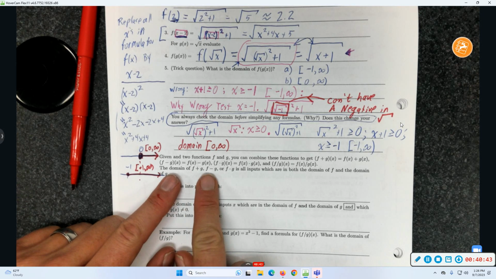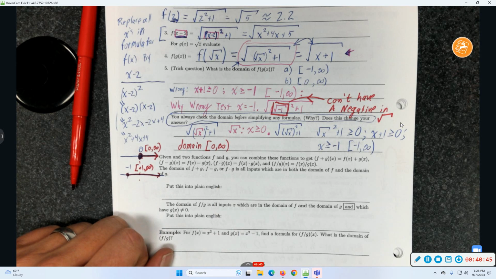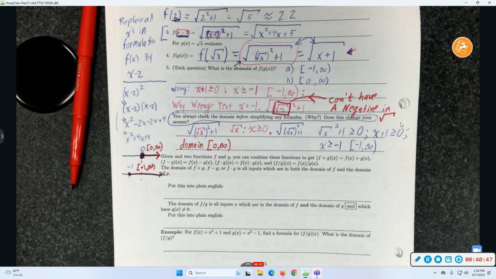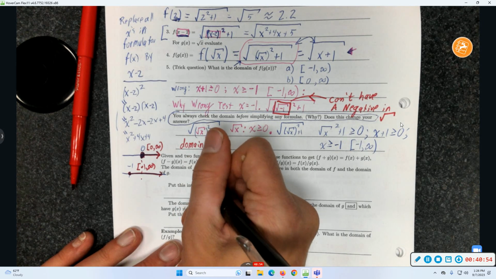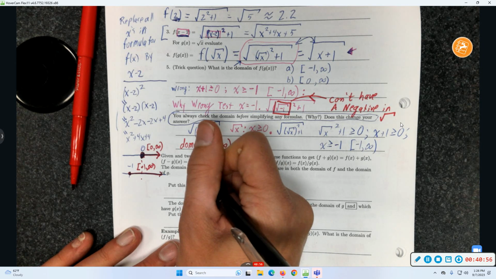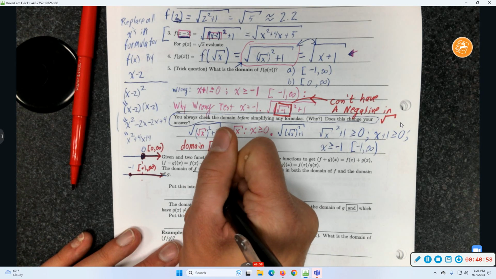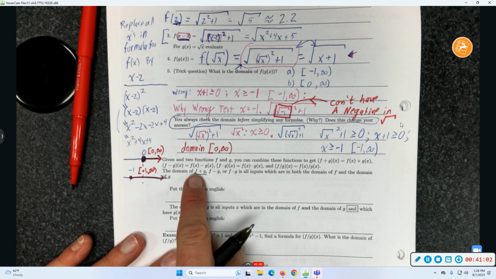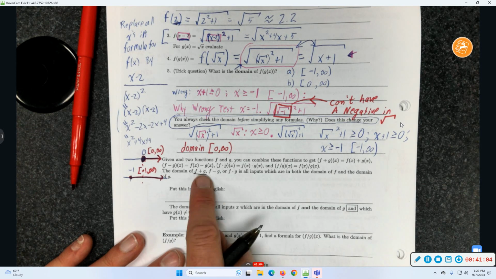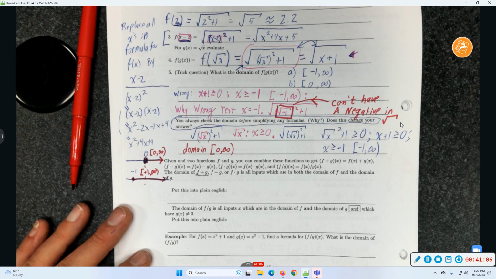The domain of a sum, difference, or product. Let's think about what this domain means. The domain is just all x values so that this formula makes sense. In order for f plus g to make sense, f needs to make sense, and g needs to make sense. So you need things that are in the domain of f and in the domain of g at the same time.